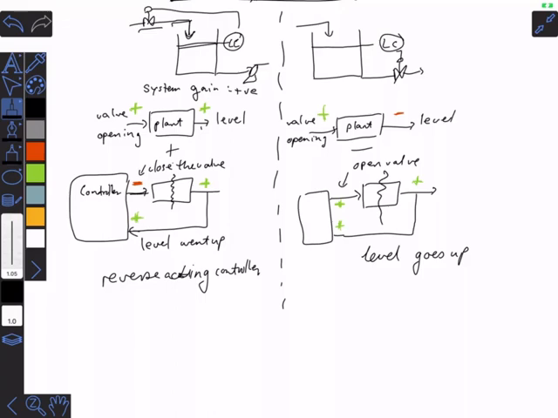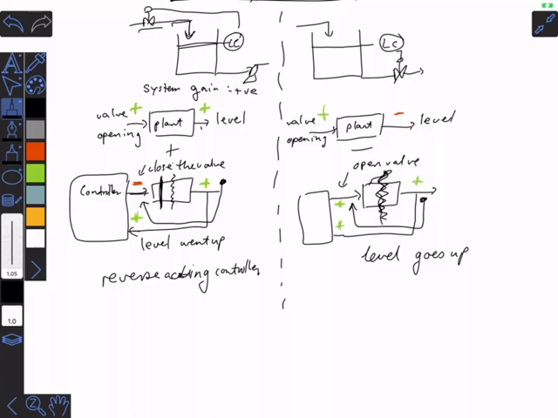So you have to not think around the loop. Remind yourself that you start here and go around the loop, but you stop there. You don't keep going around the loop, because then you see maybe it's a plus, maybe it's a minus, and you get very confused. Just go, okay, plus, plus, yes.